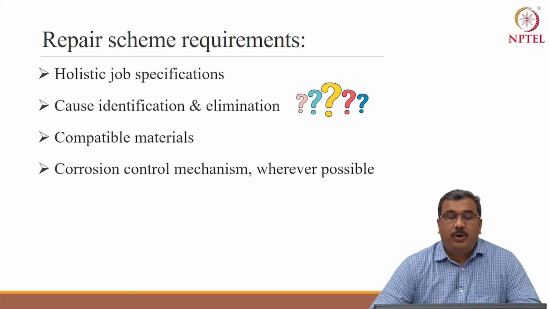So try to incorporate corrosion control. That is the best way of eliminating the problem of corrosion. You can use sacrificial anodes, you can use cathodic protection by means of ICCP and various other means.